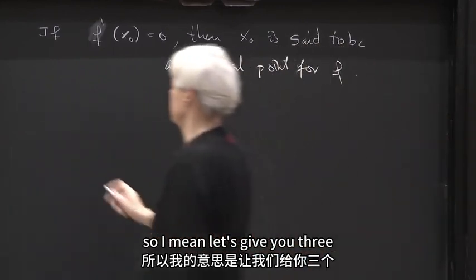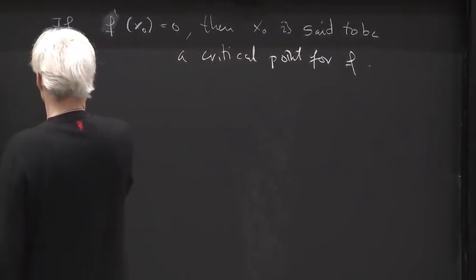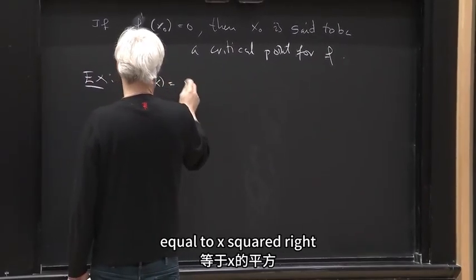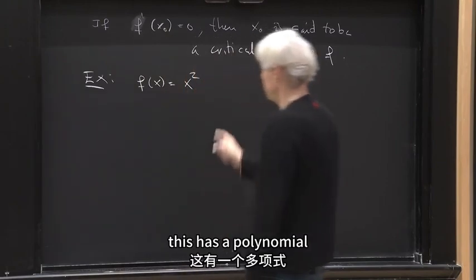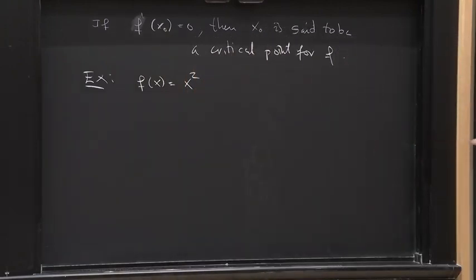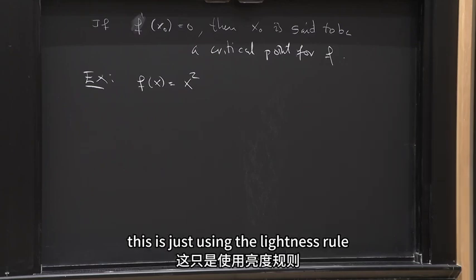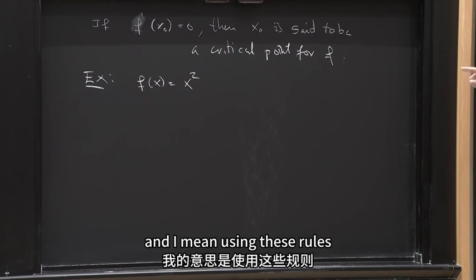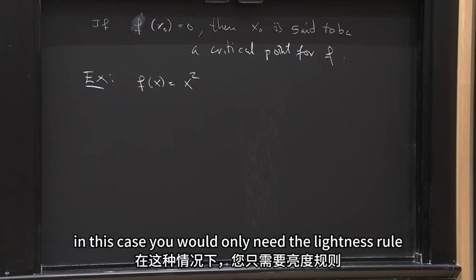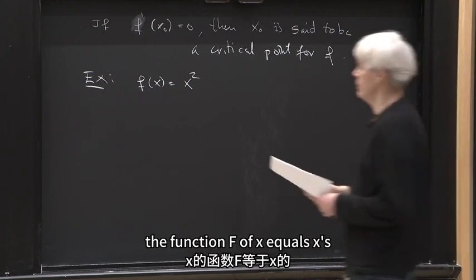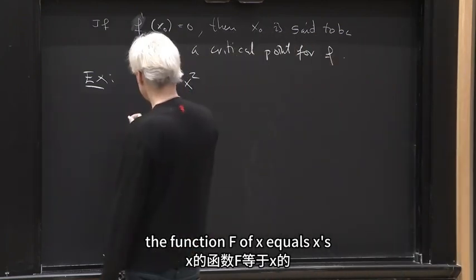So, let's give you two examples. Suppose you take f of x equal to x squared, right? This here is a polynomial. We know how to compute the derivative of any polynomial. This is just using the Leibniz rule, together with what the derivative of the function f of x equal to x is.